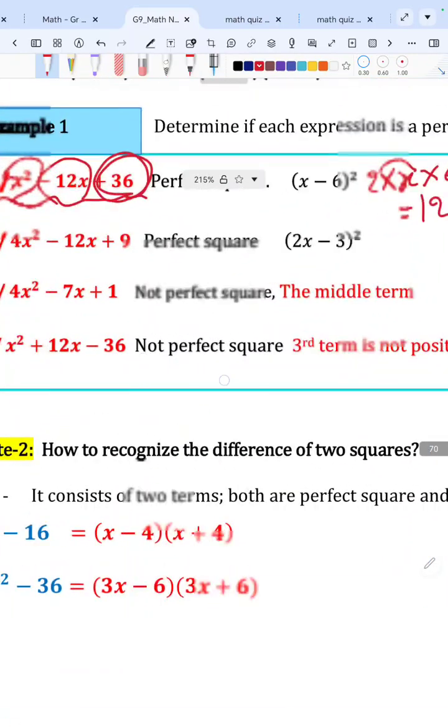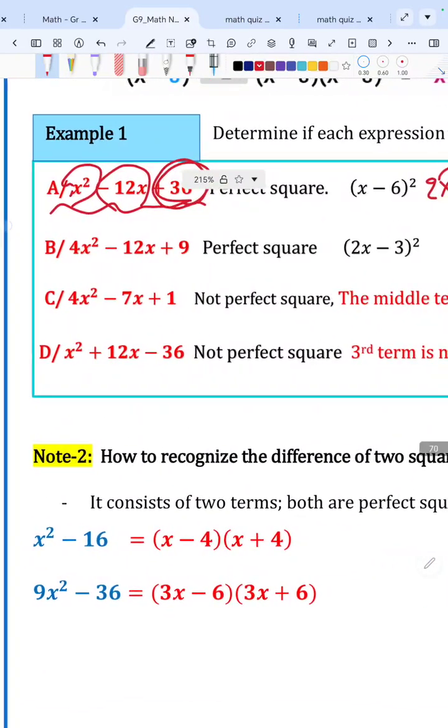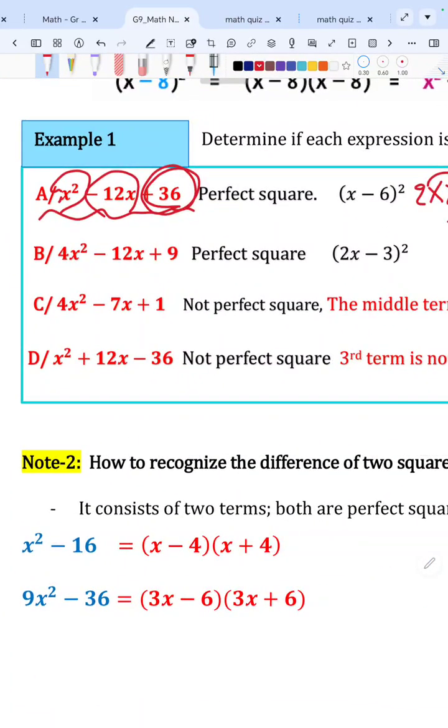This one consists of three terms. Yes. The first one and the last one are perfect square and positive. Yes. The middle term comes from 2 times the factor of the first one times the factor of the third one. Let's see. 2 times the factor of the first one, 2x, times the factor of the third one, which is 3. 2 times 2x is 4x. 4x times 3 is 12x.